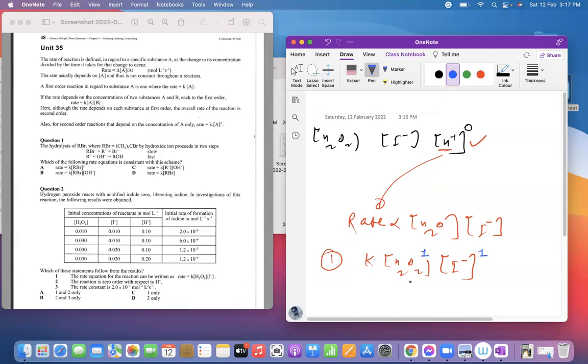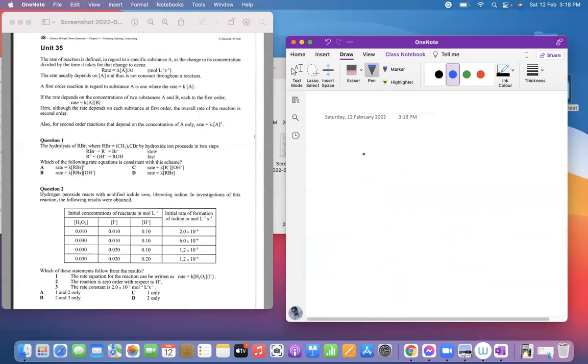Now we can find H2O2. If you look at H2O2, keep iodine constant as well as hydrogen, both. If you look at experiment 1 and 2, H2O2 becomes 0.01 to 0.03, 3 times.